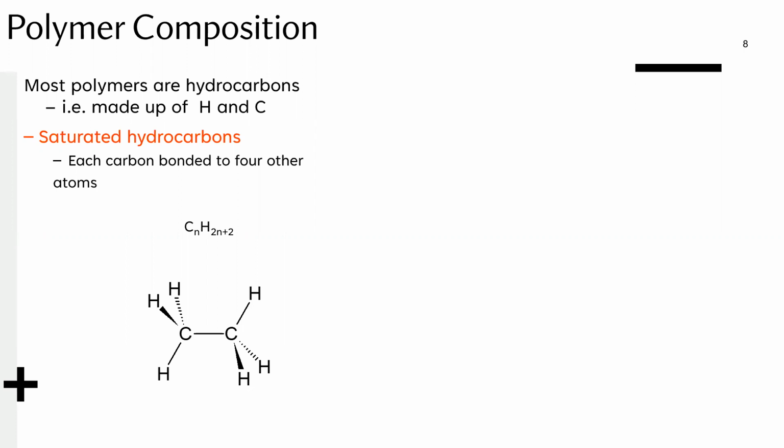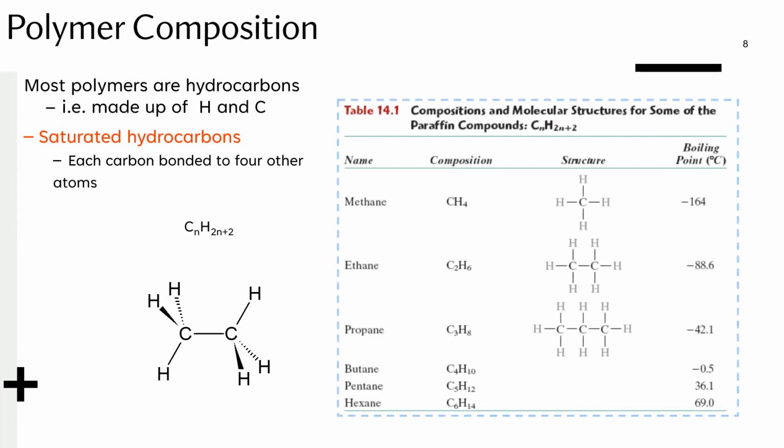So there are different classes of these polymers, different classes of these hydrocarbons, in other words, depending on whether they're saturated or not. And what that means is how many atoms the carbons are bonded to, or in other words, the carbon-carbon bond, whether that's a single or a double bond. We will talk about that in the next slide.